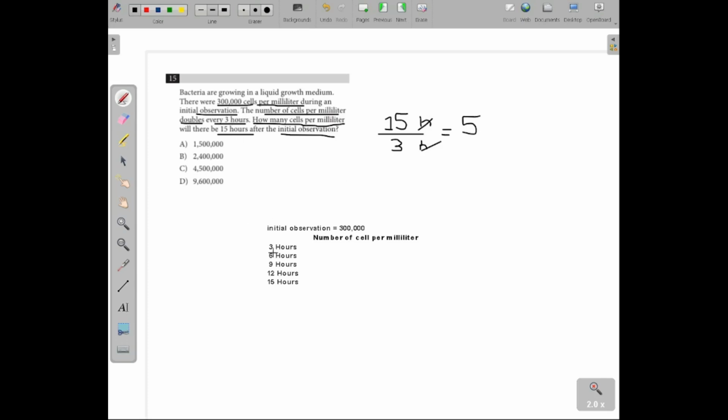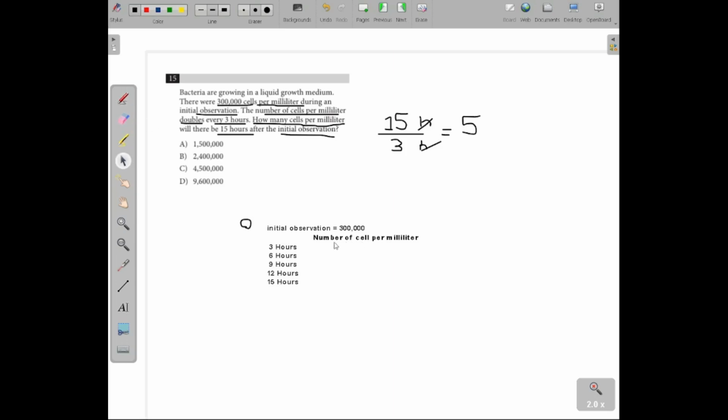Or we could just add 0 plus 3. The initial is 0, so 0 plus 3 is 3 hours after the initial observation, 6 hours plus 3, 9 hours plus 3, 12 hours plus 3, 15 hours.